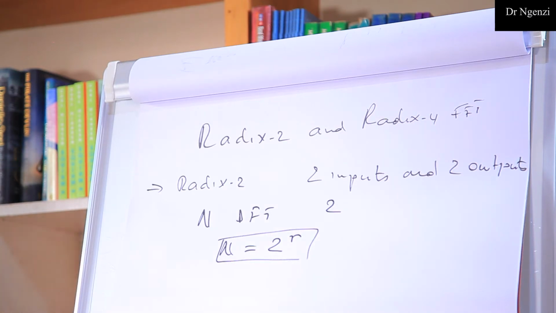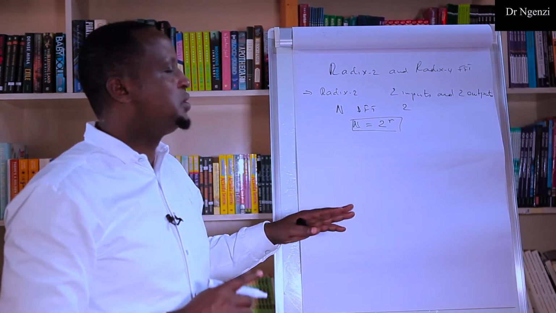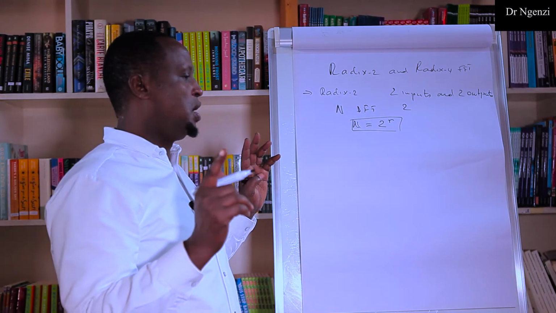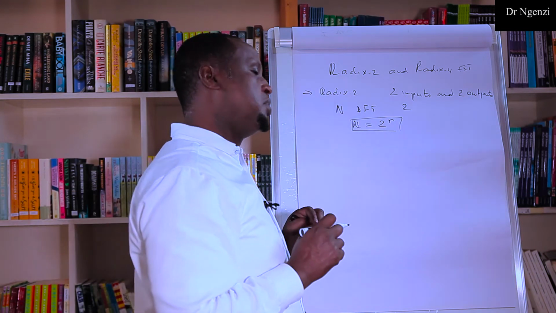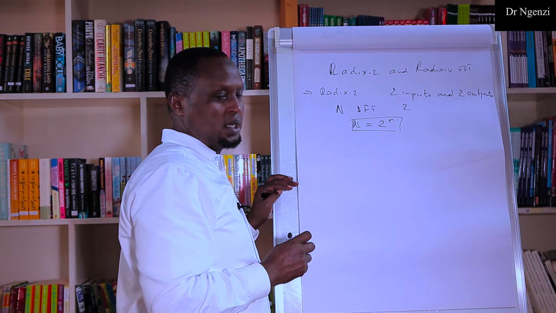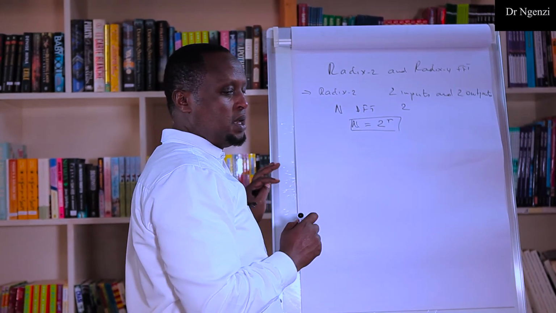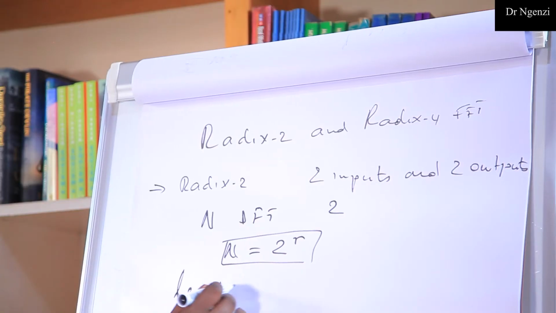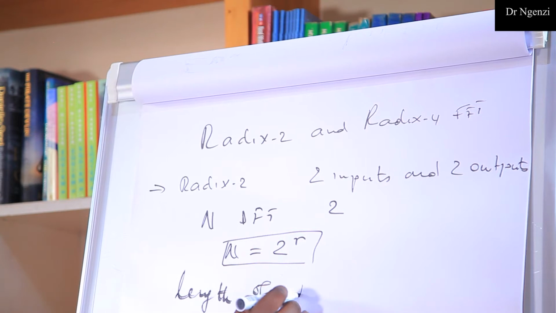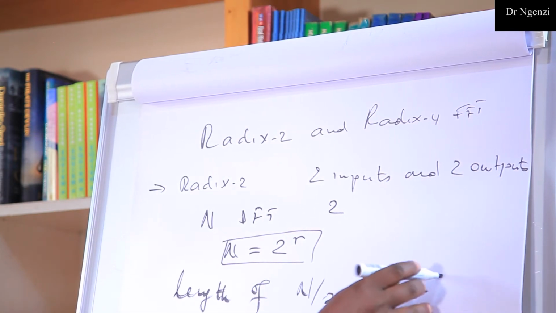In this algorithm, this means that we have decimated 2 signals from the N sequence, from the ranks of N over 2, as we used the N over 2 point, the other one that we used to have.